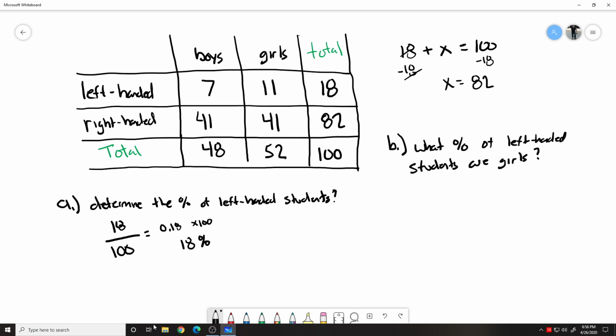Now, this is a much trickier question because we have to really stop and think about what they are asking me here. What percent of left-handed students are girls?